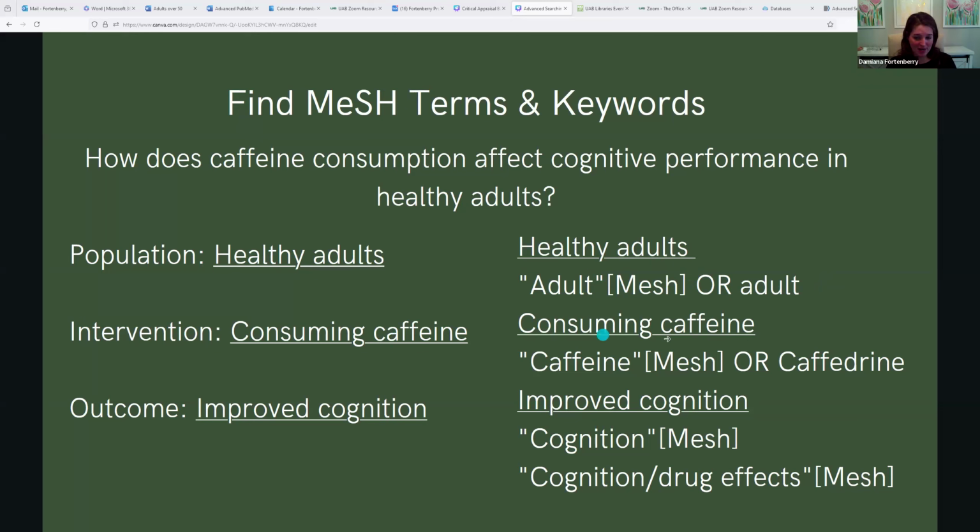For consuming caffeine, I did look up consumption, or consuming, materials, food, drink, whatever. And it just was too broad, or it wasn't there. So caffeine was the next best thing, which is totally fine. It's relevant. We're consuming caffeine. We want to talk about caffeine specifically, not just consuming food materials.